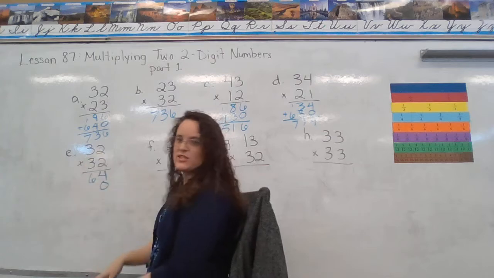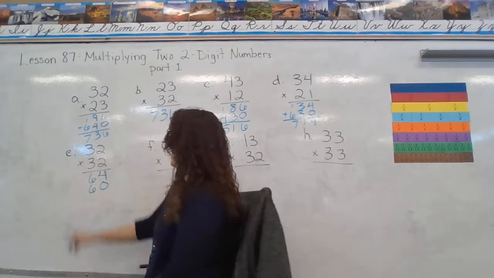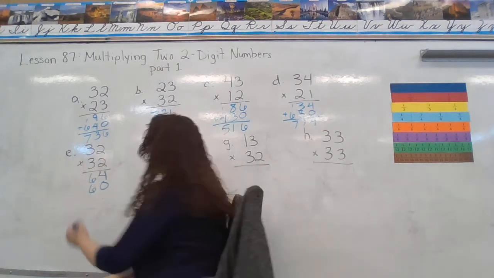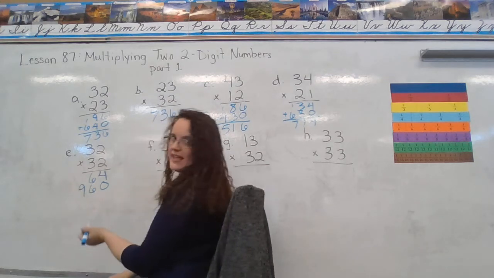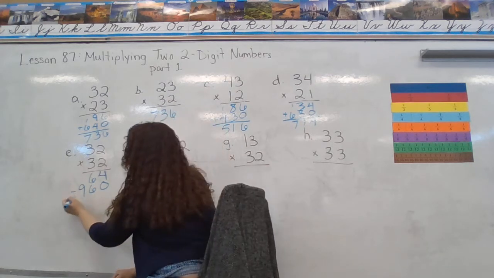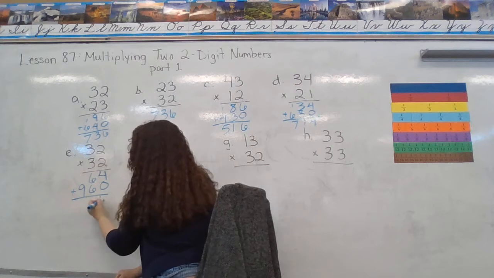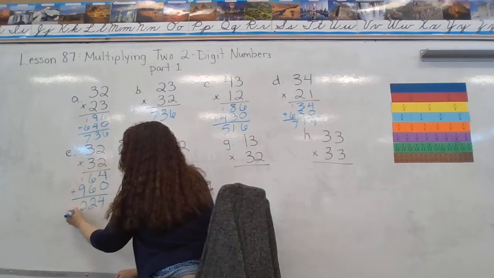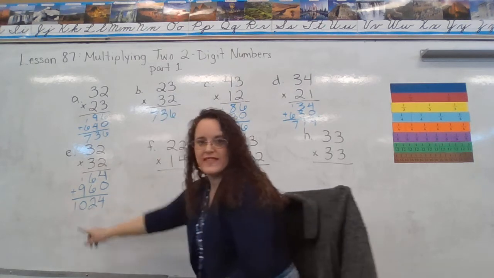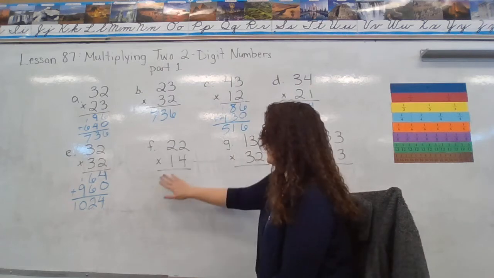And then 3 times 2 is 6. 3 times 3 is 9, and we add those together for an answer of 1,024.